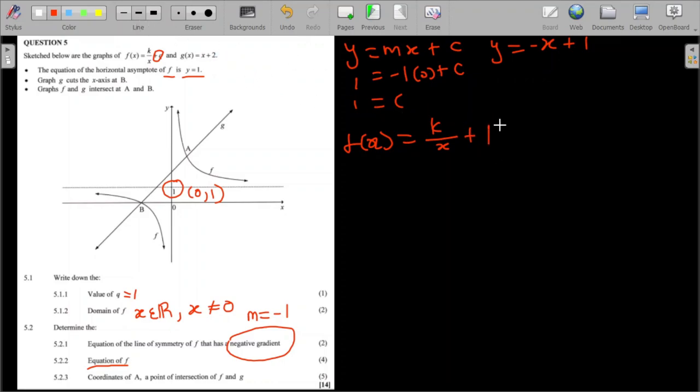Now again, in terms of looking at this graph, we need to know what the sign of this k is going to be. Is it going to be a positive k or a negative k? Since this graph is in the first quadrant and the third quadrant, this tells us that the value of k here is going to be a positive k.